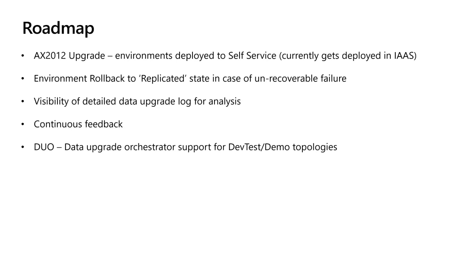So, for example, your data upgrade failed, you are not able to recover or resolve the issues. You want to bring the environment back to replicated state, so you don't have to actually start the replication all over, right? So this capability we plan to bring in future, looking at continuous feedback and improvement from communities, customers, and partners.